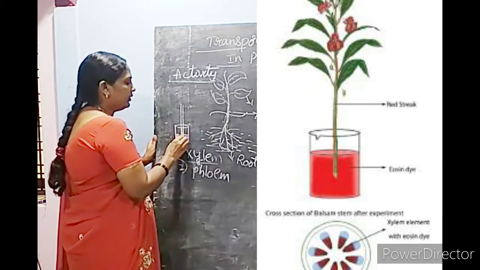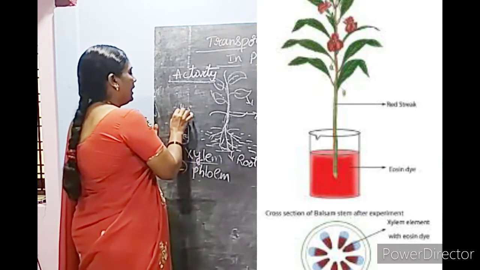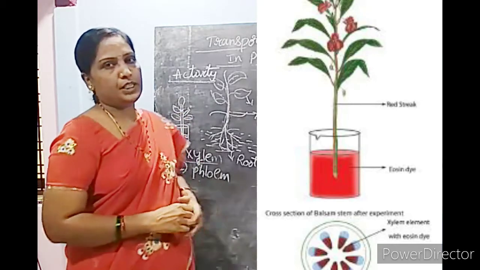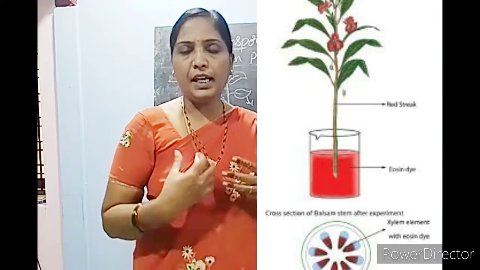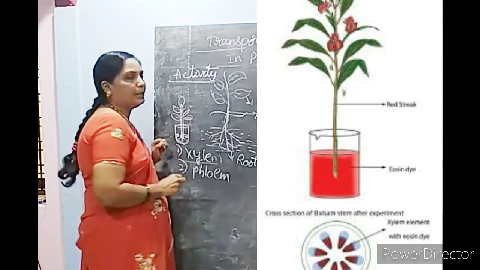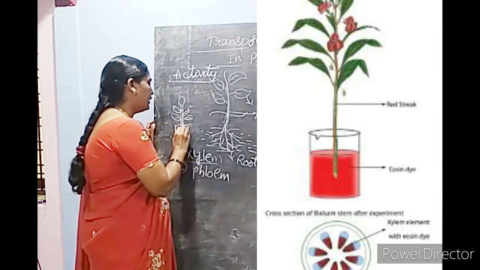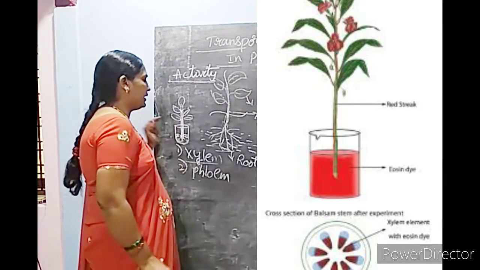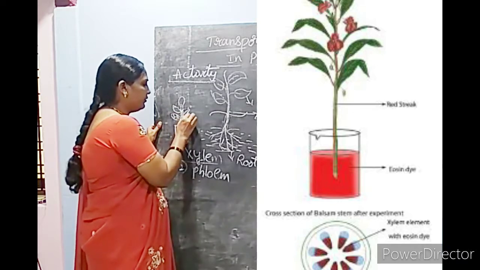The end part of the twig should touch the water. Leave this experiment setup without disturbing it for 2 hours. After 2 hours, when you observe the balsam plant, you can see colored lines in the stem and in the veins of the leaf.